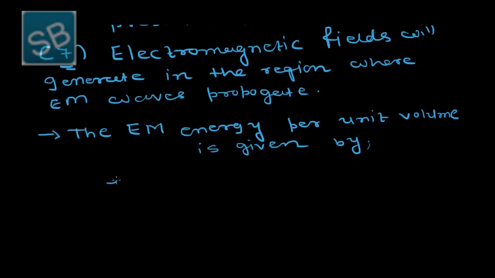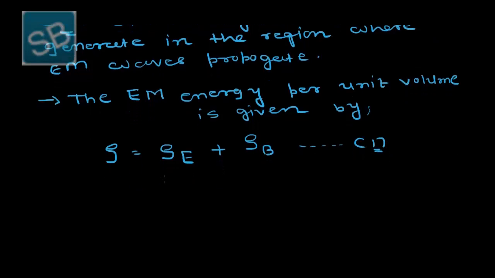rho is equal to the density from the electric field and the density from the magnetic field. So this is the first equation in this characteristic analysis.